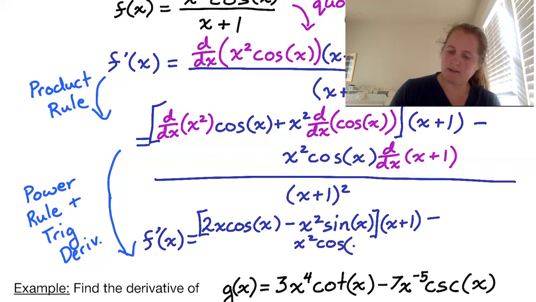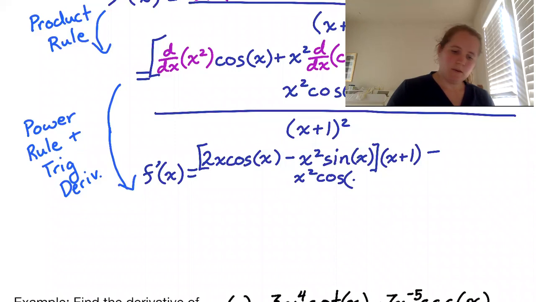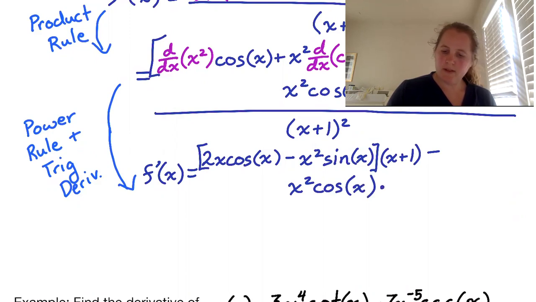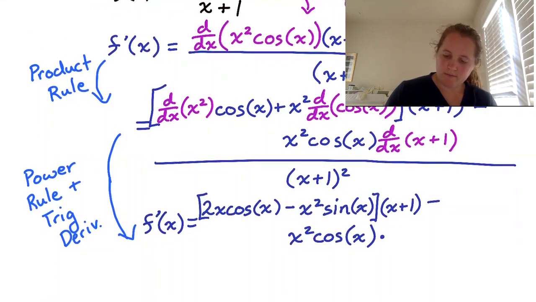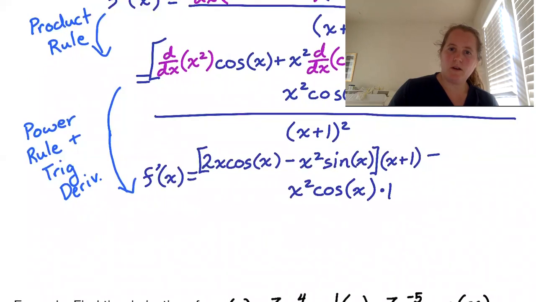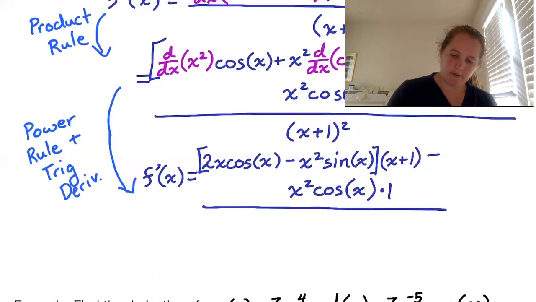And then we are subtracting off x squared cosine of x times the derivative of x plus 1, which is just 1, all over x plus 1 squared.